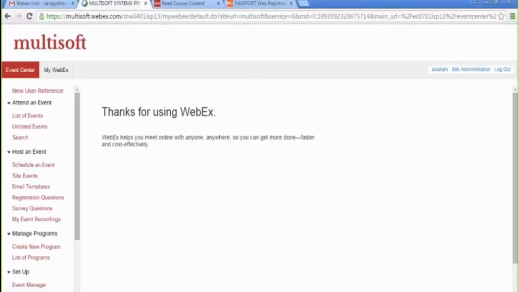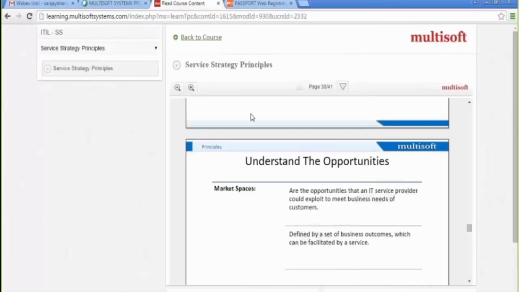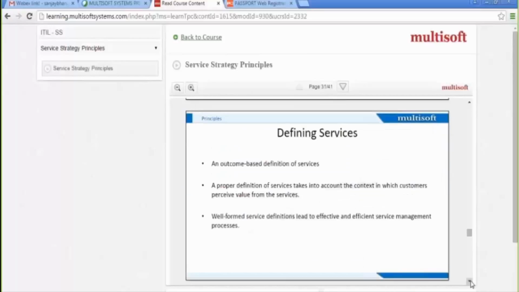Let it be. Okay, so we need to understand what opportunities we have, right? It is defined by a set of business outcomes which can be facilitated by a service. So this is my opportunity. Defining services is an outcome-based definition of services. A proper definition of service takes into account the context in which the customer receives value from the services.